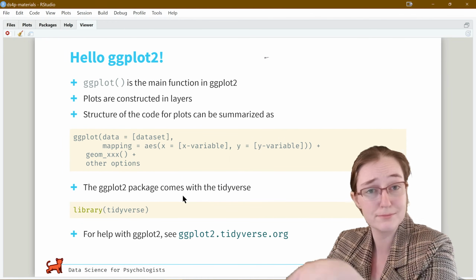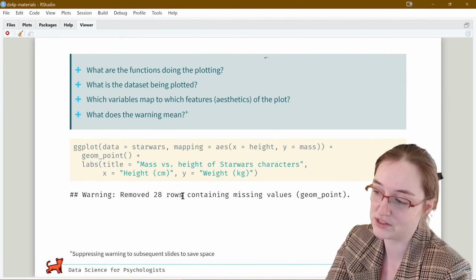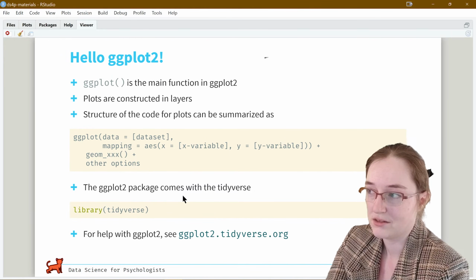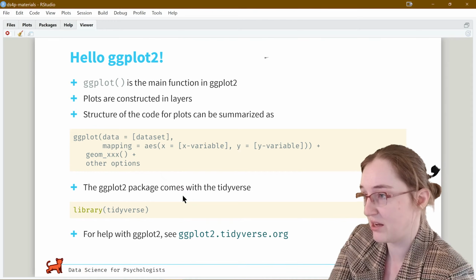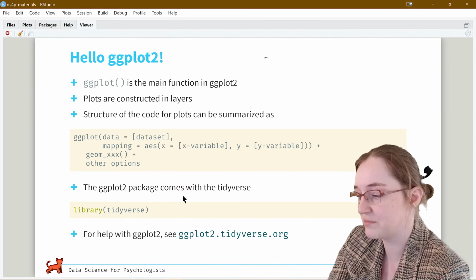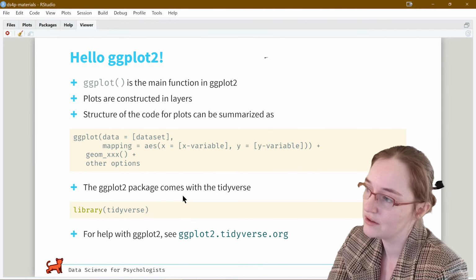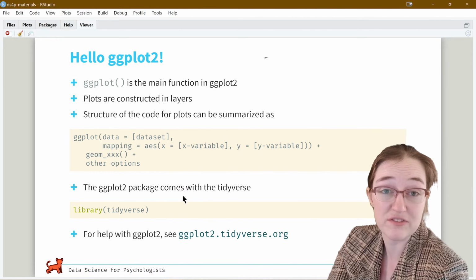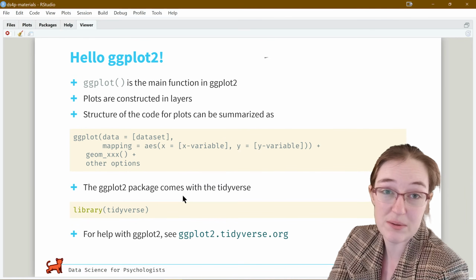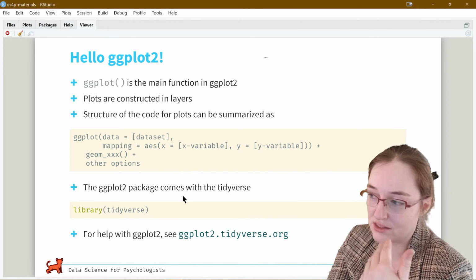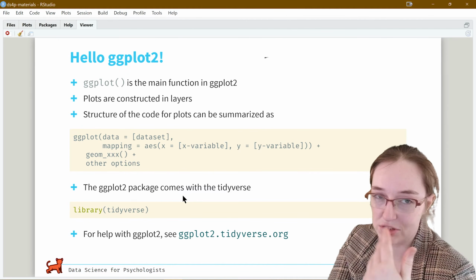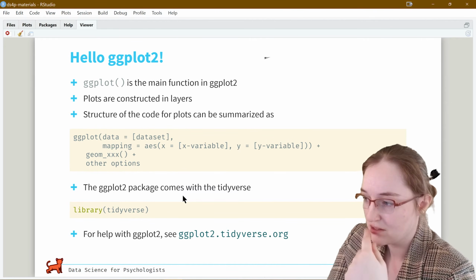So that was your backwards introduction to ggplot. But I want to crawl more deeply into ggplot. I kind of hinted at this, but let's actually talk about it. ggplot is the main function of ggplot2, the grammar of graphics. Plots in ggplot are layered, just like the grammar of graphics.